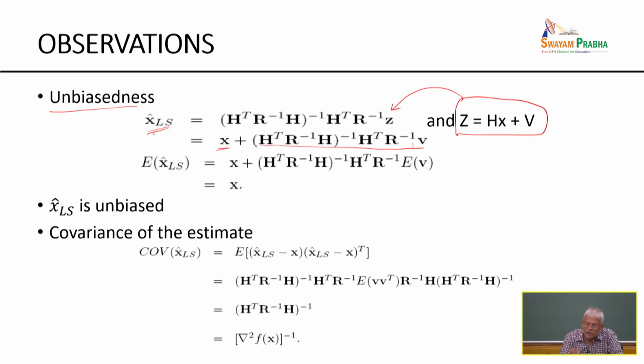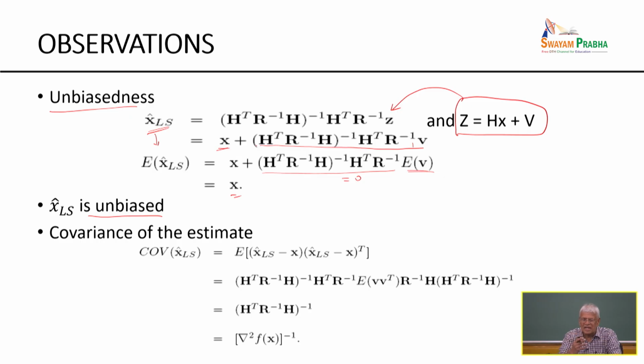So if I take the expected value, the expected value of the estimate is equal to x plus the expected value of the perturbation term, but v is mean 0, so this expected value is equal to 0, leaving the unknown x. So that is unbiased. Therefore, the weighted least square estimate is an unbiased estimate. That's the first result. Now, I would like to be able to compute the covariance of the estimate.